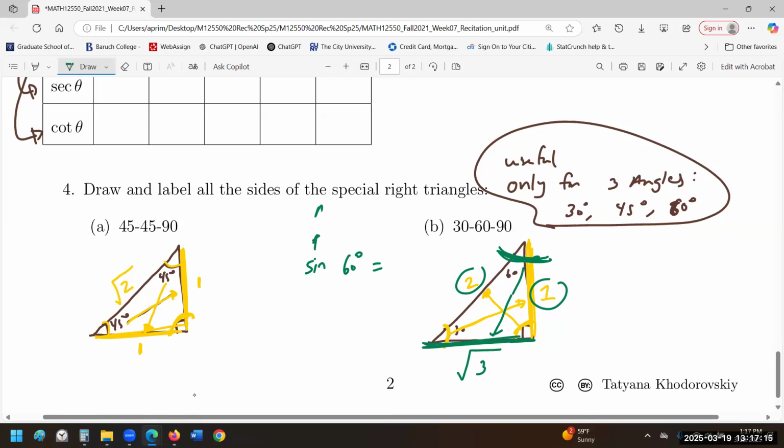Sine is opposite over hypotenuse. So this 60 degree has opposite side root 3, and this triangle has hypotenuse 2. That means sine 60 degree is root 3 over 2.